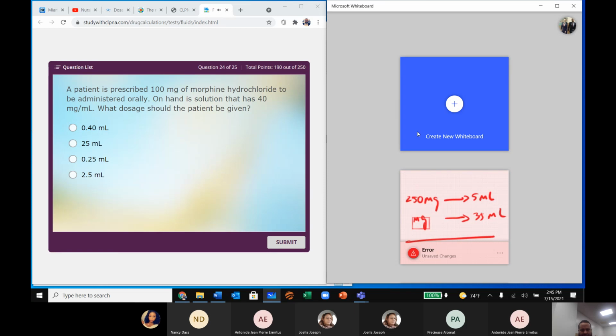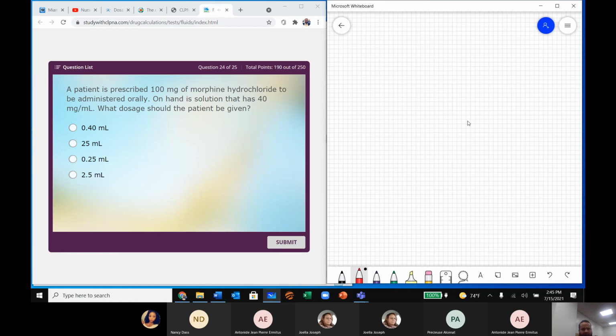Okay, let's do the following problem. A patient is prescribed 100 milligrams of morphine hydrochloride to be administered orally. On hand is a solution that I have 40 milligrams per ml.